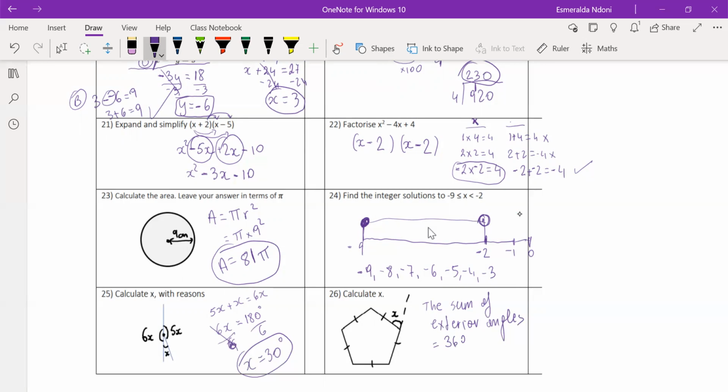So that's a rule that you need to know. Now, this x here is the exterior angle of a pentagon. So 5 sides. So if I have 5 x's to add, because it's a pentagon, it's got 5 exterior angles, they need to make me 360. So from here, I just divide by 5, and I will get my answer.